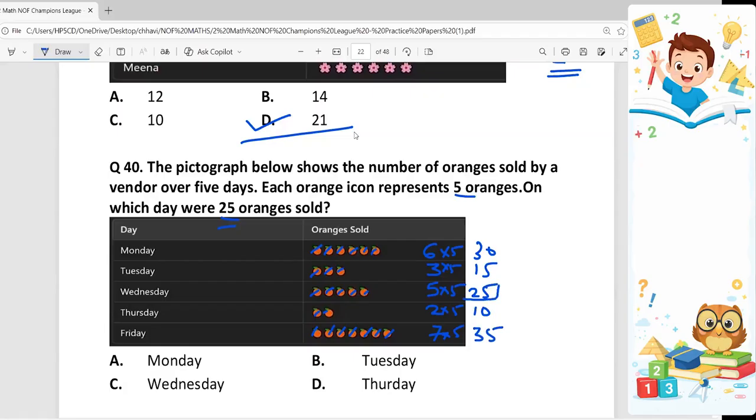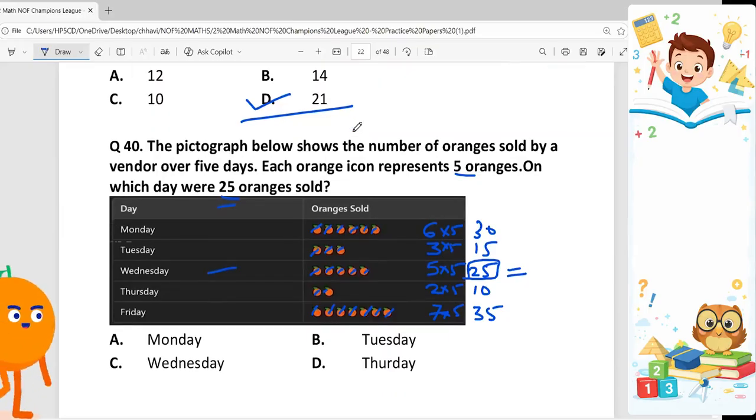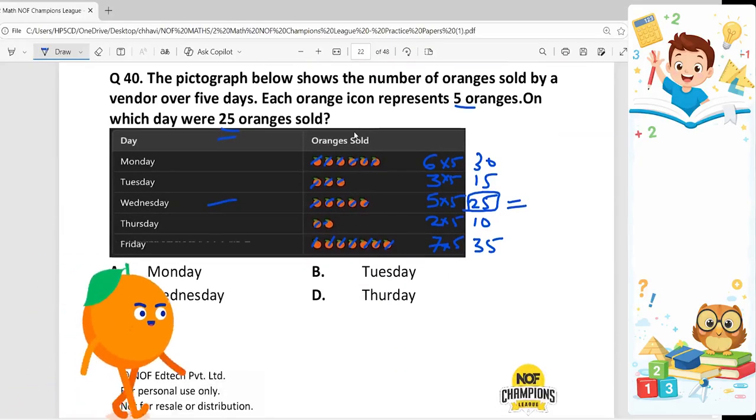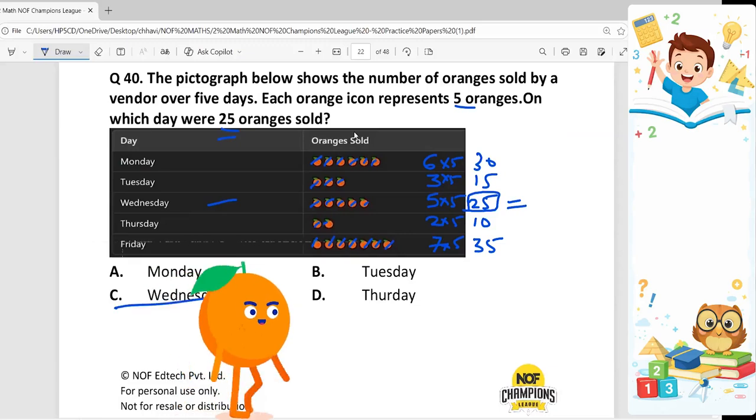Now here is the day on which we sold 25 oranges. Which day did the vendor sell 25 oranges? It is Wednesday. So the correct answer is Wednesday. Options are Monday, Tuesday, Wednesday and Thursday. So option C, Wednesday is the correct answer.